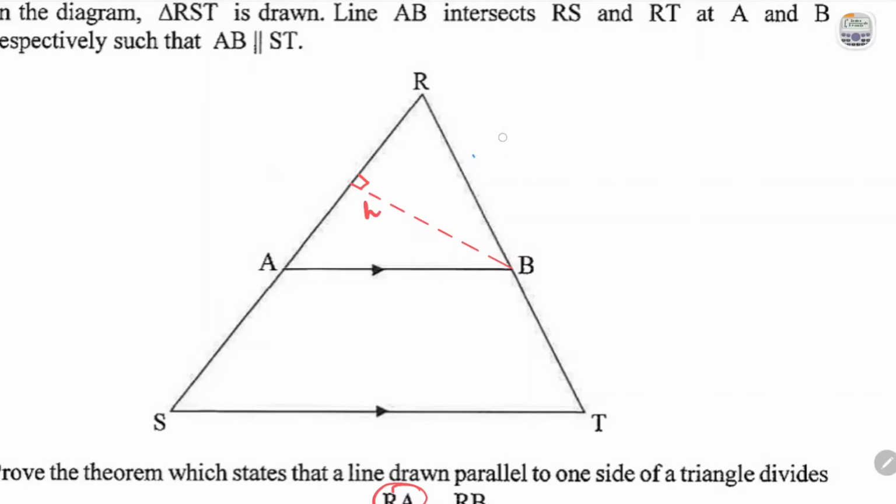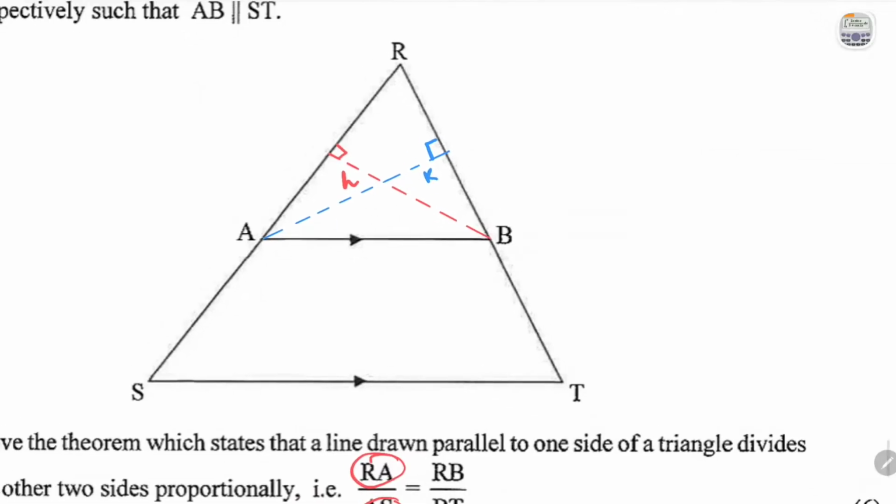The height of RB goes from A down, perpendicular to RB, and we can call that K. So we've got heights in those triangles, and those are the bases with their respective heights.